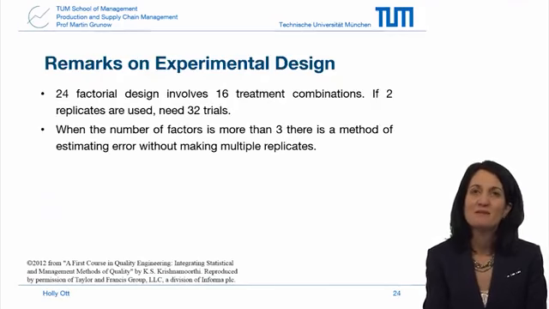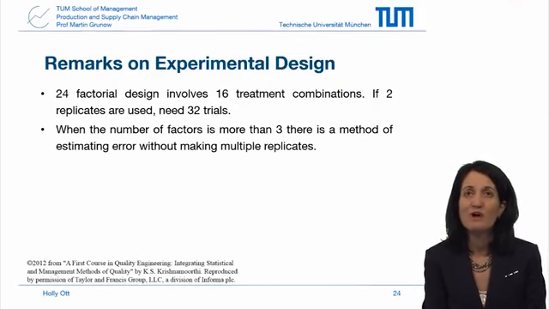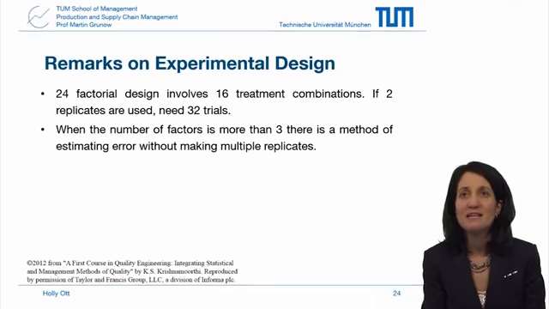But the major problem with this type of design when you get to higher levels above 3 is the number of trials increases exponentially, even if we use just one single replicate. And if you do multiple replicates, then the number of trials becomes impractical.